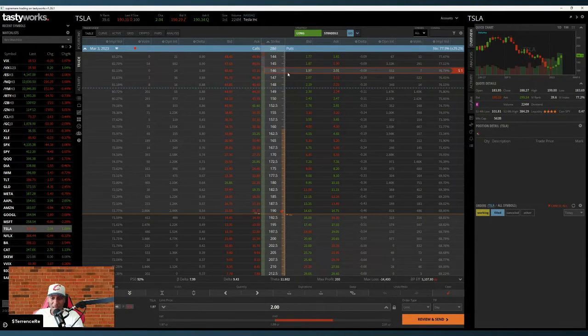So instead of having this at 146 times 100 shares, which would be $14,600, you'd have it at $14,400, because that $200 that you collected in premium would lower your cost basis. It would come out of that total amount.